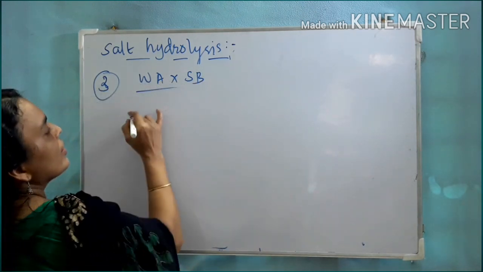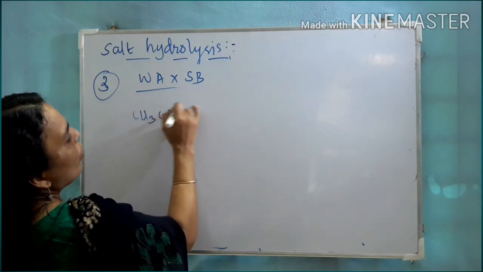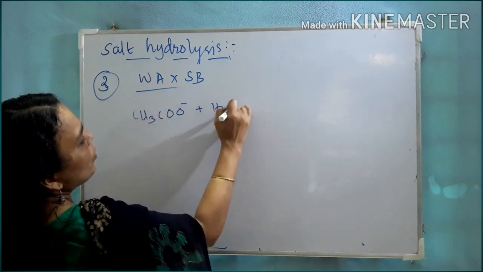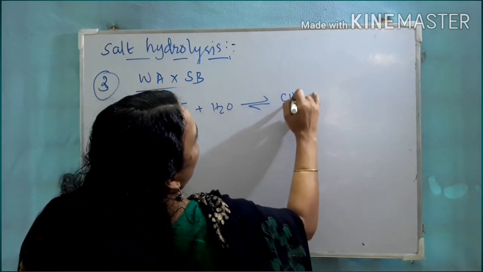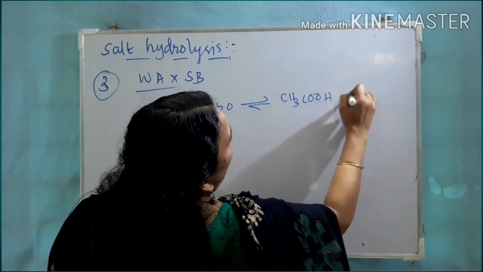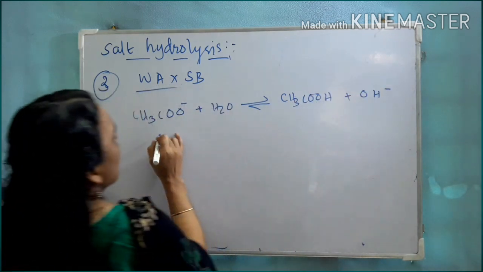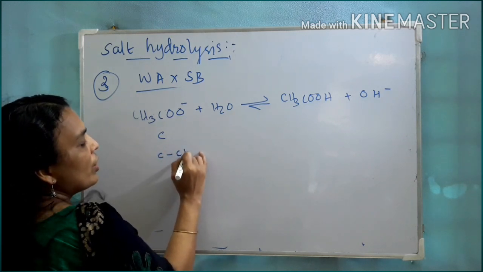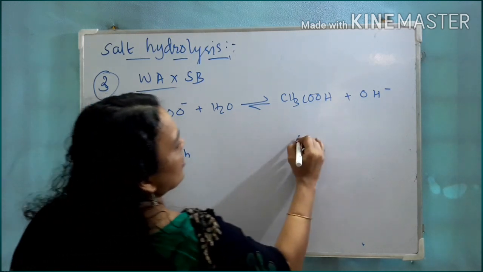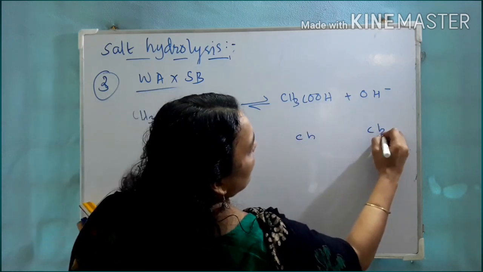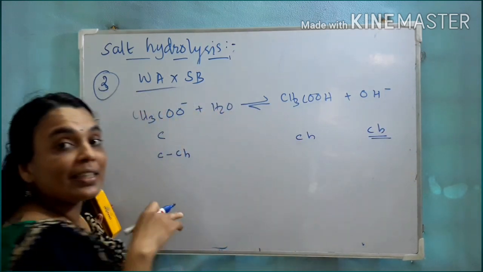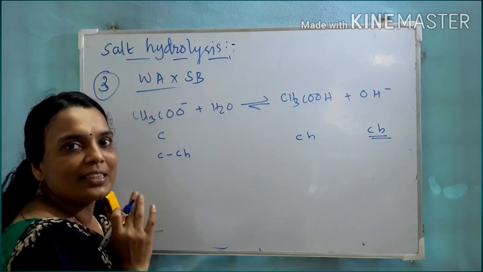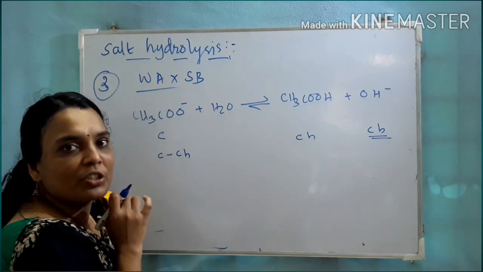That means CH3COO minus plus H2O giving CH3COOH plus OH minus. Suppose C be the initial concentration and h be the degree of hydrolysis, we have C minus Ch, and this is Ch and this is Ch. In the previous case we directly calculated Ch as the molar concentration of H plus ion.